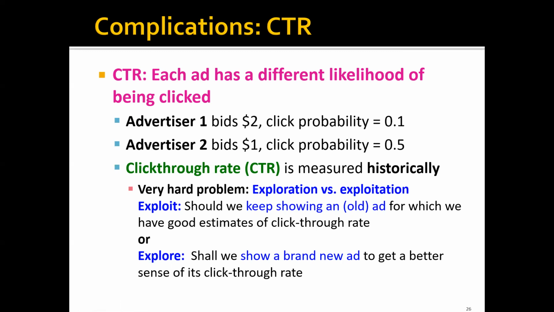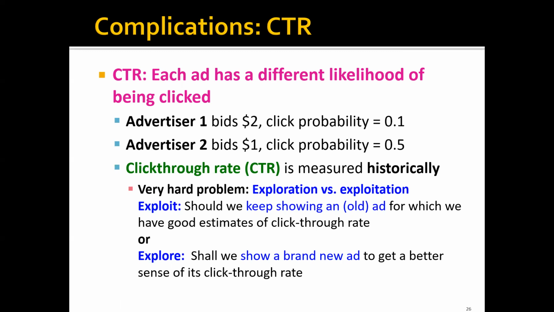And besides this, we have one additional very difficult problem. This is what we usually call the exploration-exploitation trade-off. Basically, since we have so many new ads appearing every day from new advertisers and new companies, should we keep showing older ads for which we have relatively good estimates of click-through rate?